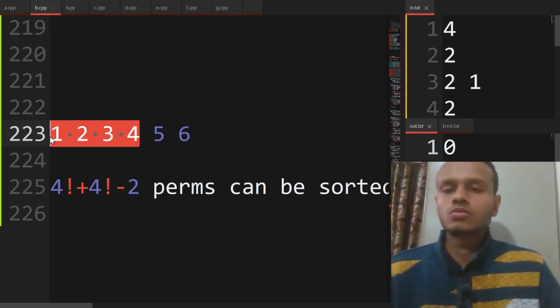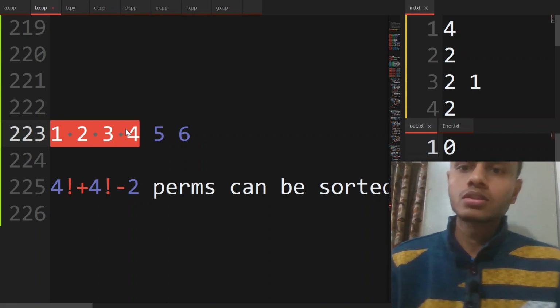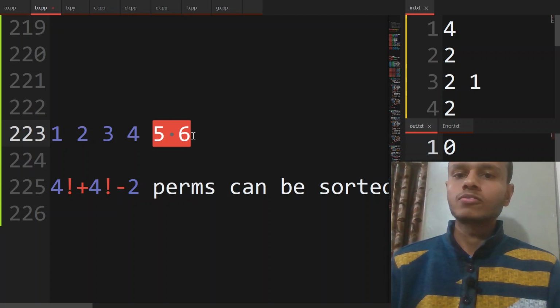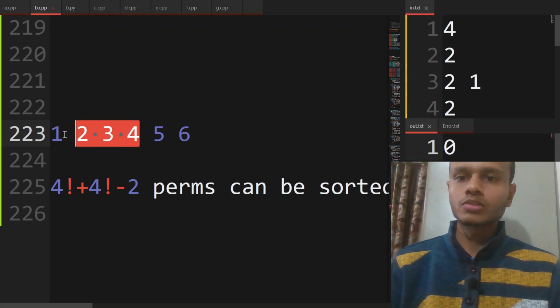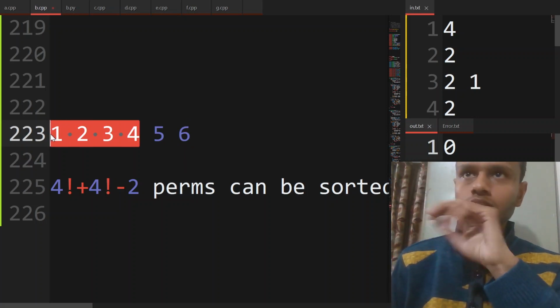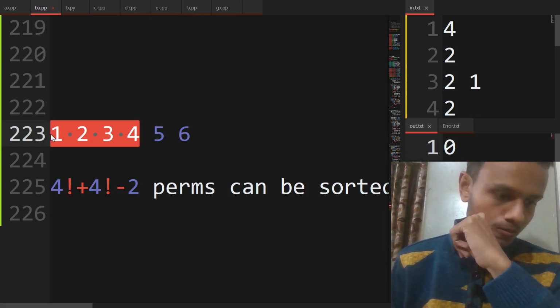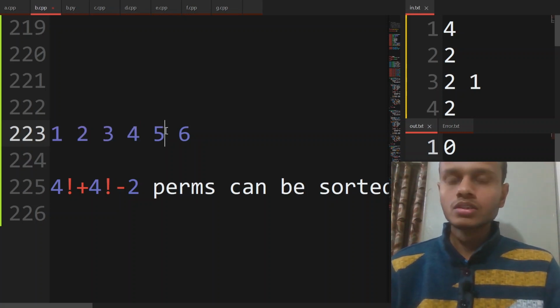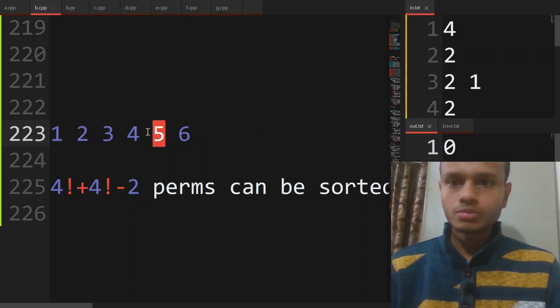So if we are performing the first operation on the prefix, then for sure 5 or 6 or both are present in the prefix of the permutation, right? Prefix means only the first 4 elements. Let's first say that 5 is present in the prefix.